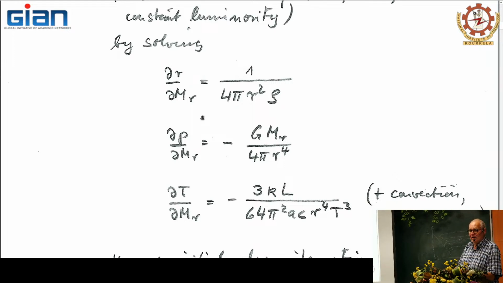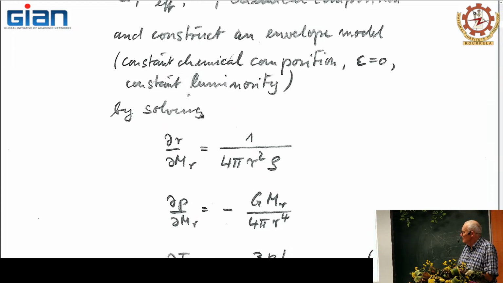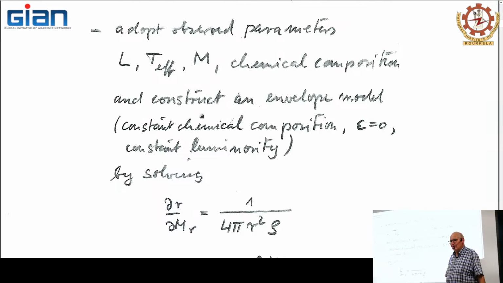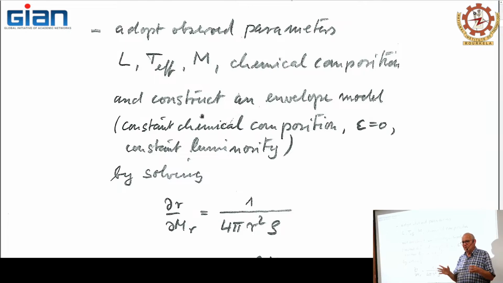The dL/dM is not integrated because we assume that in the envelope there are no nuclear processes. What we exclude in an envelope integration is the nuclear active regions, the core of the star. That means the luminosity is constant.